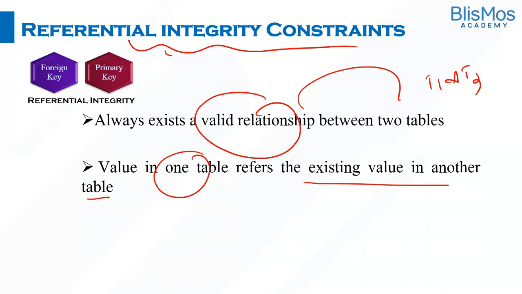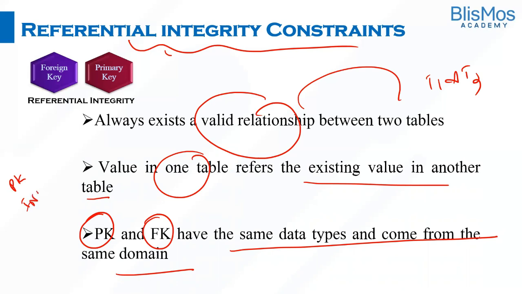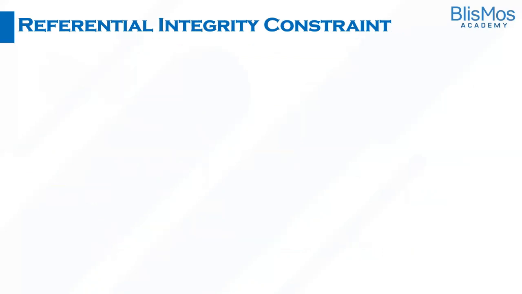That's the whole point of the relationship, right? That is ensured by referential integrity. And one more very, very important point is that primary key and foreign key have the same data types coming from the same domain. For example, let us say the primary key is of int type, then obviously the foreign key should be of int type. Otherwise, it doesn't make sense. They will not be able to refer to each other. Wonderful. Let us take an example now.